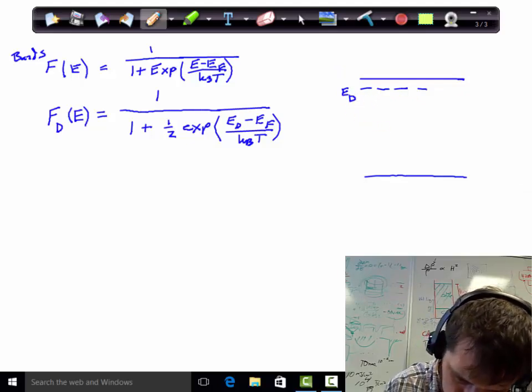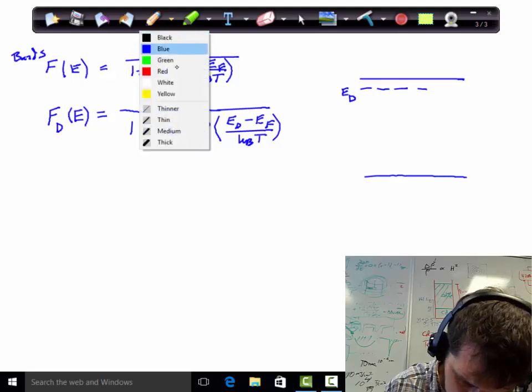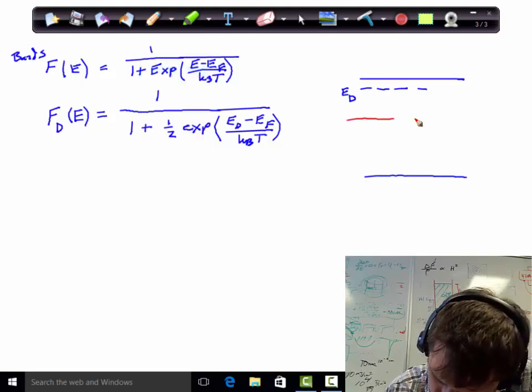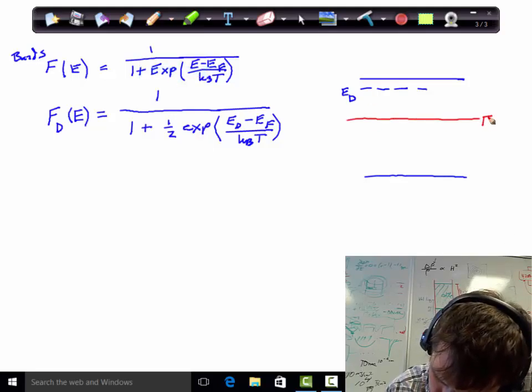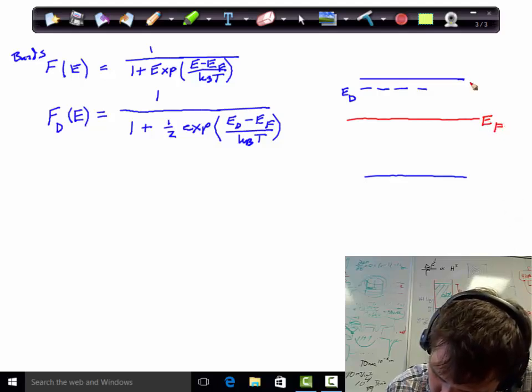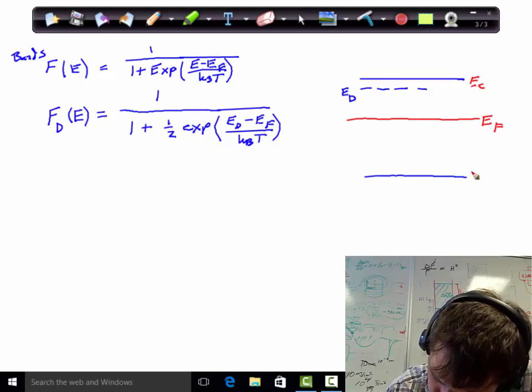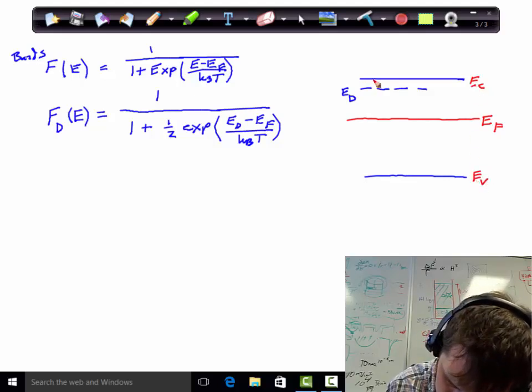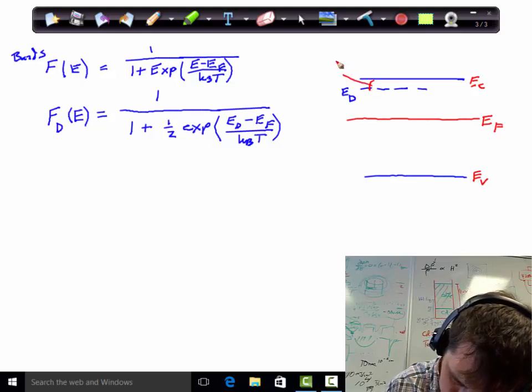Let's say our EF is somewhere down here. Here's EC. Here's EV. And so this would be the ionization energy here, and we'd give this as EC minus ED.